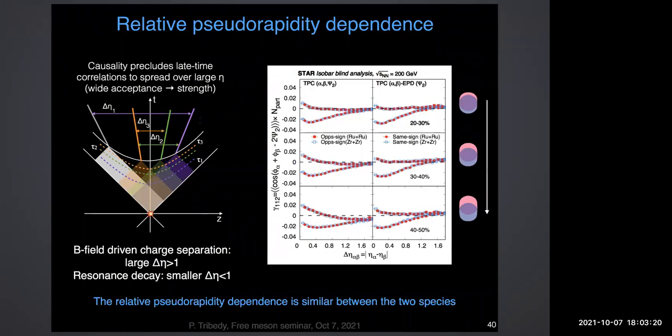We studied one more thing that we want to know. We know that the correlations that develop very early in the system spread in a wider range in rapidity. So we studied this same observable gamma as a function of the rapidity gap between the charge-carrying particles, and tried to see whether there is a rapidity dependence. I don't want to go into details, I can come back.